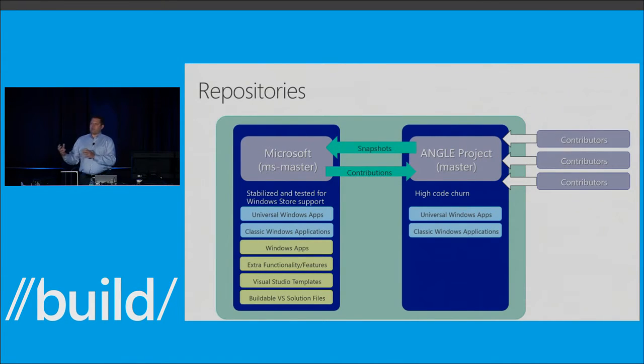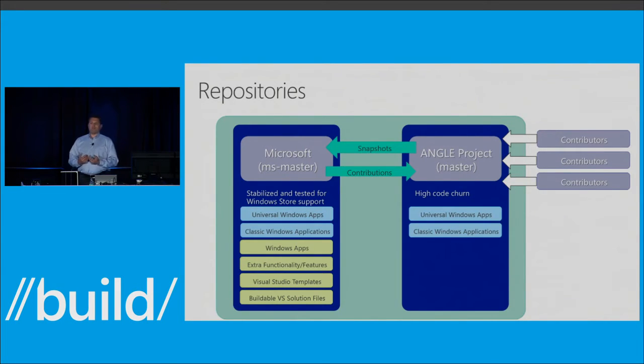By being able to snapshot every 2 weeks, we get the benefit of the improved stability offered by the other contributors to the project. When we take the snapshot, we merge the code, and then we stabilize it, ensuring that you, being a Windows developer, when you take our code from our branch, it runs for Windows and Windows Phone.